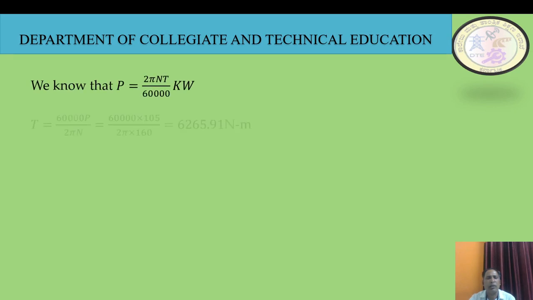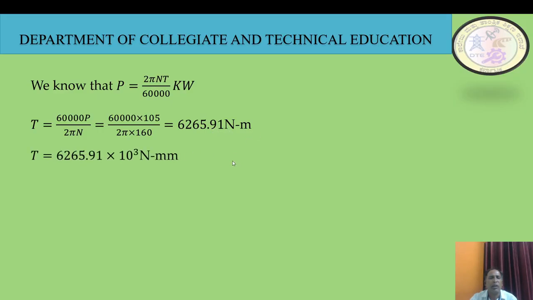Therefore from this equation we can calculate the torque transmitted, that is T equal to 60,000 into P divided by 2 pi n. By substituting the values of P and n, the torque transmitted works out to be 6265.91 Newton meter, and converting that Newton meter into Newton mm, T is equal to 6265.91 into 10 raised to 3 Newton mm.